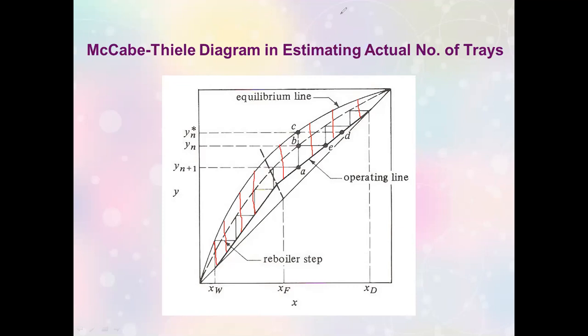Now, using the Murphree tray efficiency that is given in the problem, you will measure the lengths of these lines that you have drawn. Let's say this is 1 centimeter, this is 1.2 centimeters, 1.7, and so on and so forth. Now using your Murphree efficiency, for example, an efficiency of 0.7, the distance AB is 70% of the distance AC.